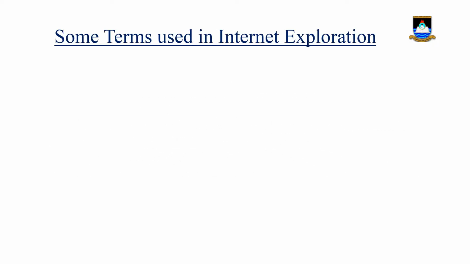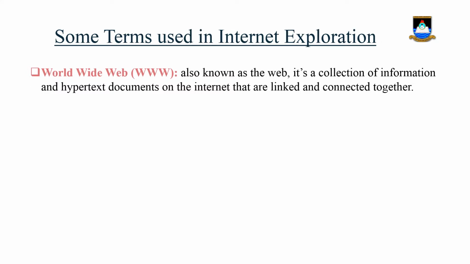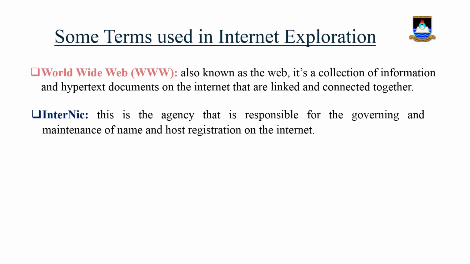Some terms used in Internet exploration: World Wide Web, WWW, also known as the web. It is a collection of information and hypertext documents on the Internet that are linked and connected together. Internet.